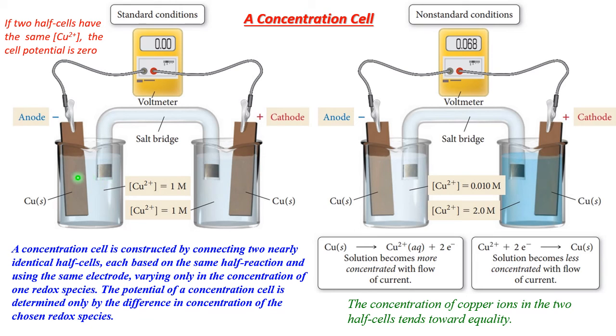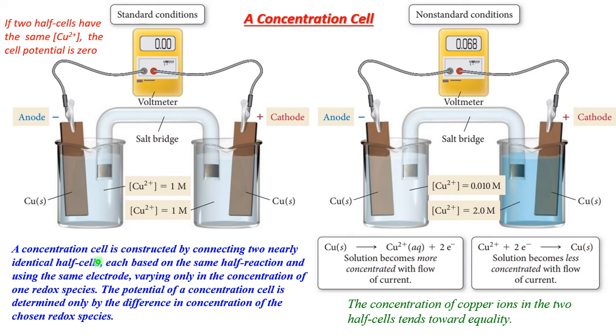Now, if the left side is identical to the right side, there will be no current or no voltage here. Nothing happens. So, for standard conditions, 1 and 1 molar, the potential of such a cell is 0.